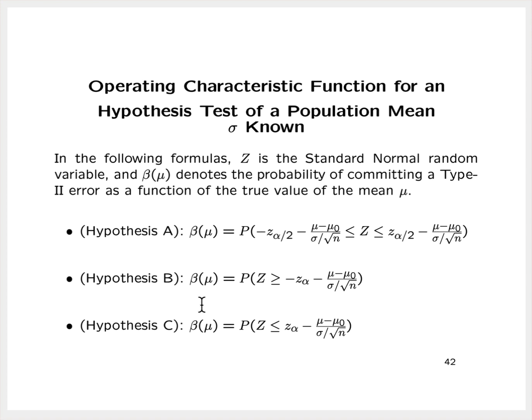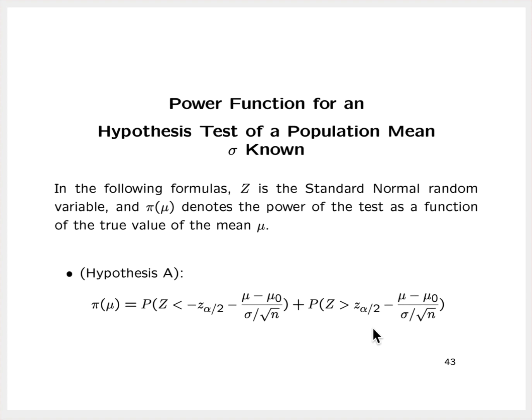And that's why I'm really focusing on the argument that is of main interest right now, that being mu. So these are the formulas for the beta function for a two-tailed test, a left-tailed test, and a right-tailed test, respectively.